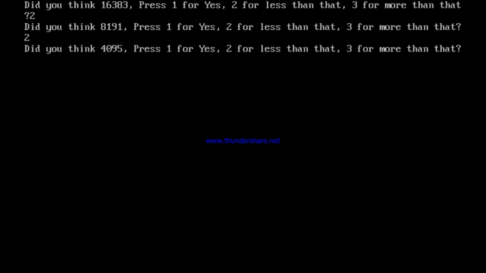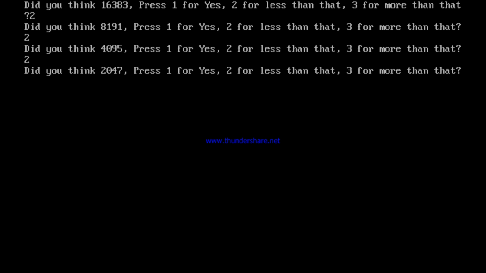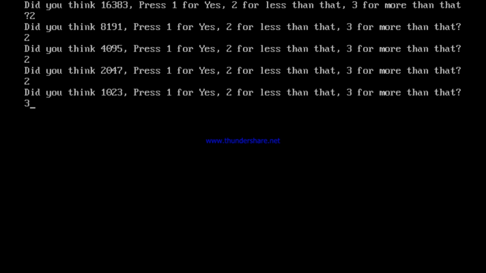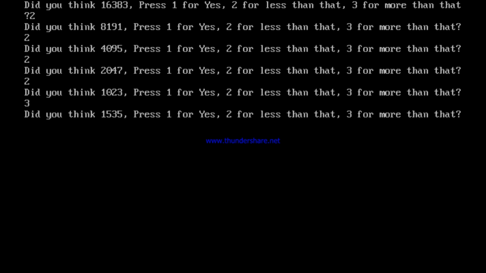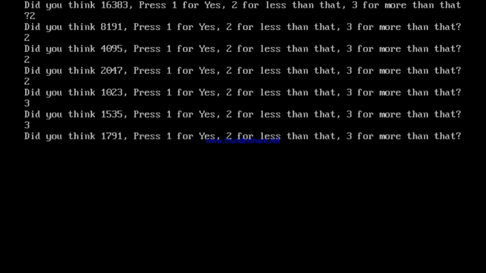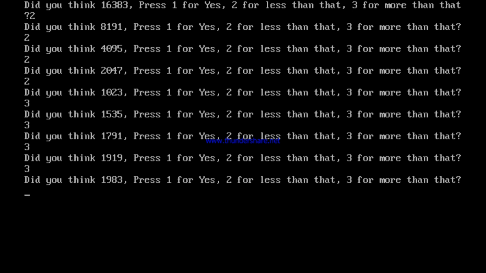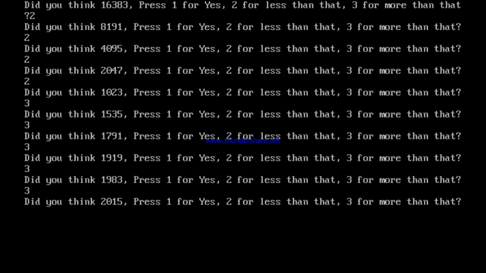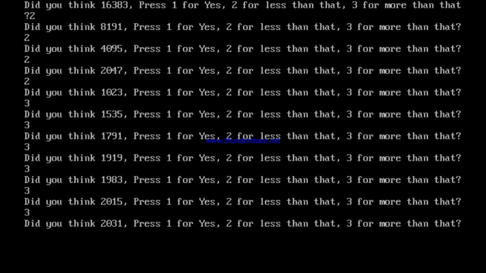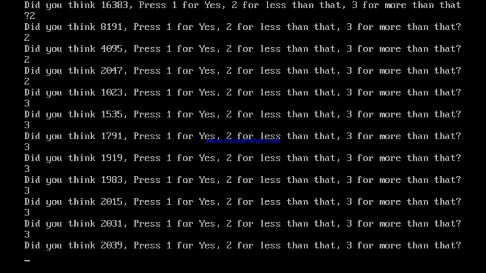Less than 8191, less than 4095. 2045 is less than 2047. 1023, more than that. 1535, more than that. 1791, more than that. 1919, still more. 1983, still more. 2015, still more. 2031, still more. 2039, still more, 3. 2043, still more. 2045, 1 for yes.